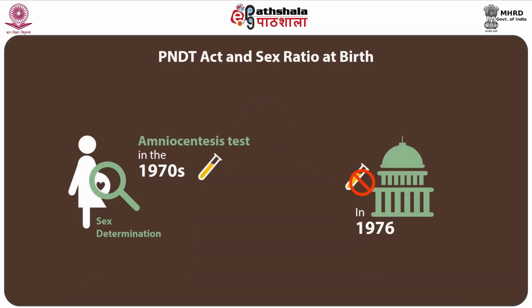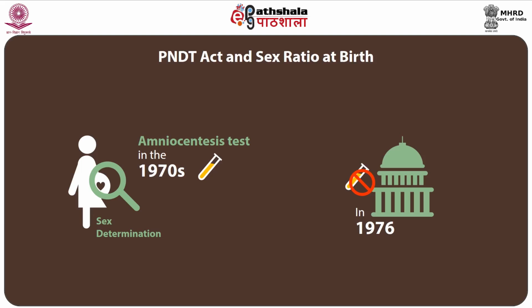It is true that both the society, the policy makers, and others are aware of what is happening in the sex ratio situation in the country. As early as the 1970s, with the introduction of the amniocentesis test for sex determination, there has been large concern about sex determination of the fetus and the use of sex selective abortions in the country.